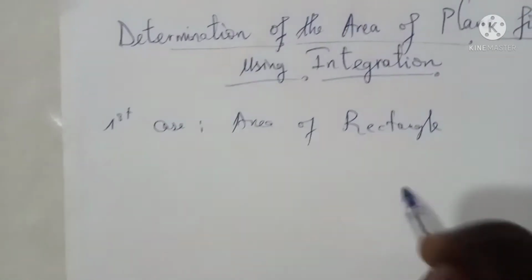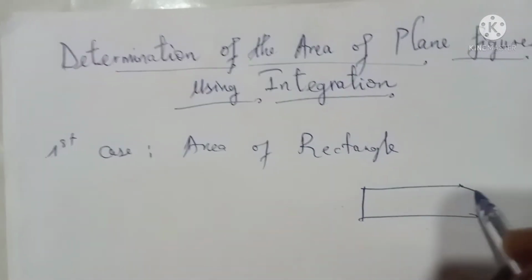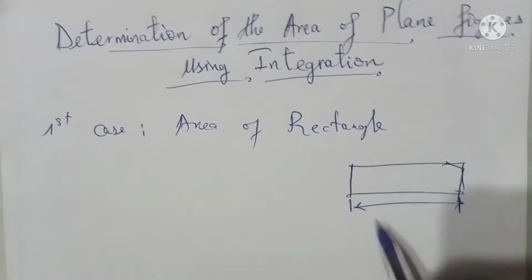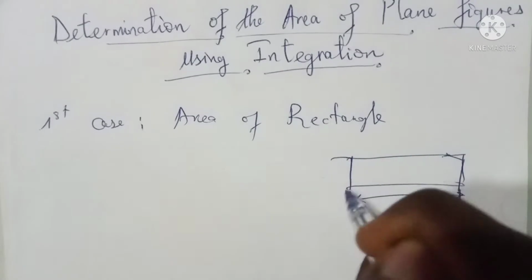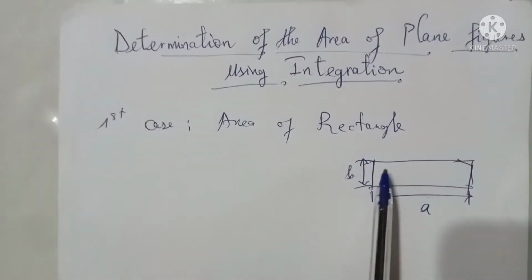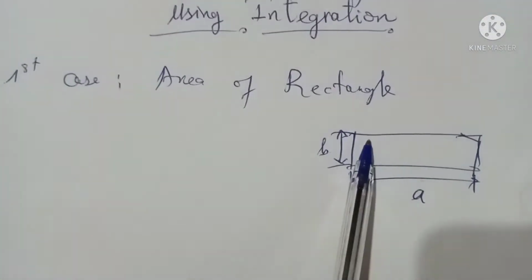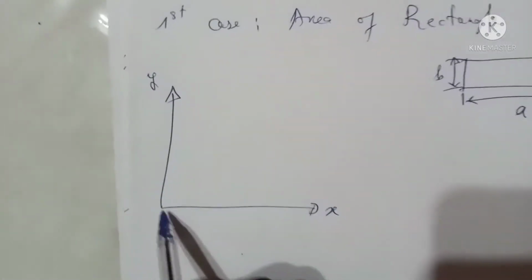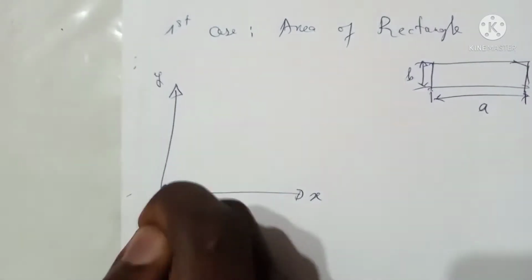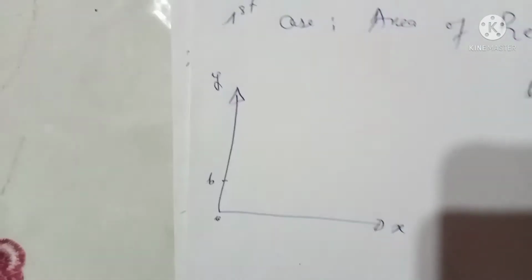We all know that a rectangle is a figure like this, which from here to here we can give a value, say A, and from here to here a value, say B. Now, our goal is to put this figure on a reference frame of y against x. From here is 0, then 0 to this level is B.